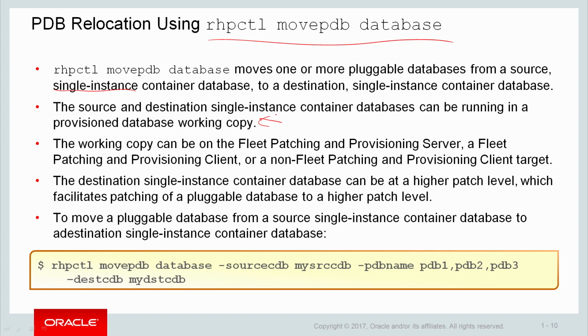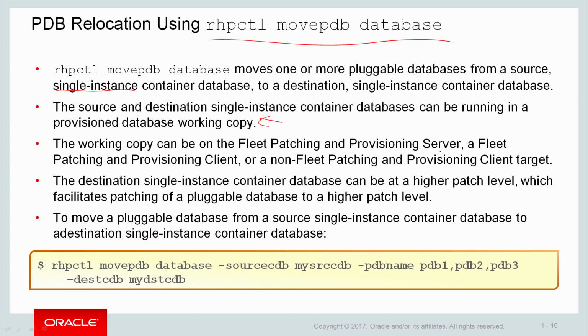The working copy can be on the Fleet Patching Provisioning server, a Fleet Patching Provisioning client, or a non-Fleet Patching Provisioning client target. The destination single instance container database can be at a higher patch level, which facilitates a patching of the pluggable database to this higher patch level.